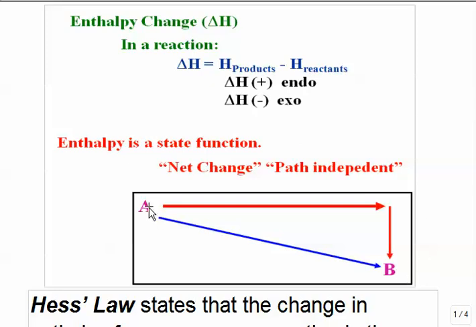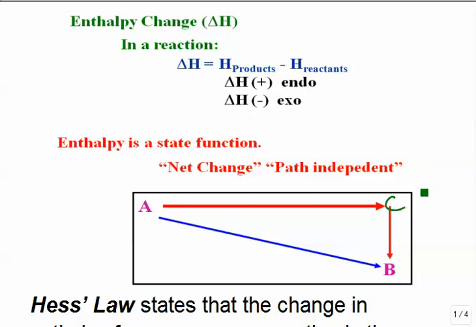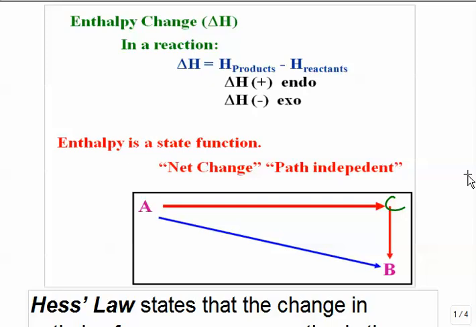So we can maybe go to some intermediate state. We might call it C, for example. So we could go from A to C, and then from C to B. And the net enthalpy change would be the same if we go directly from A to B, or if we go from A to C and then from C to B. We would have the same net enthalpy change.